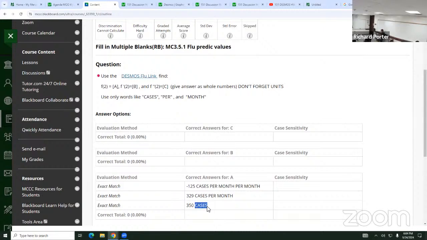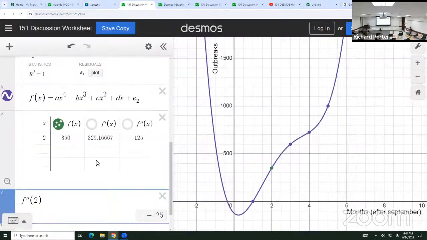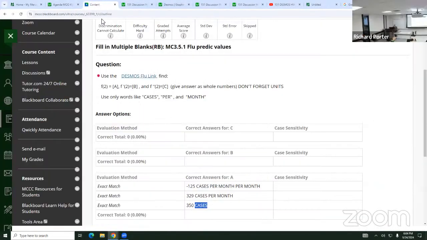It has to be exactly like that. Maybe even capitals, I'm not sure. Then 329 was the second one. 329 is the closest whole number. It says to give whole numbers. So you say 329, then you have to say cases per month.